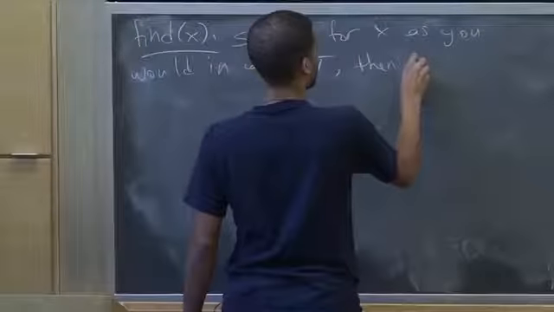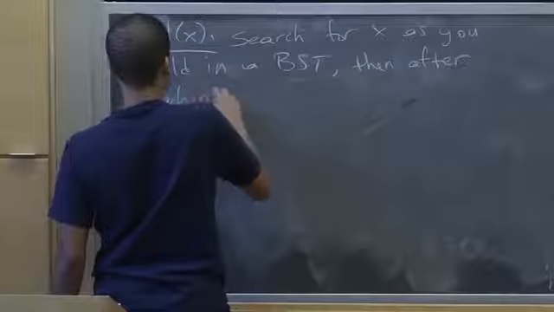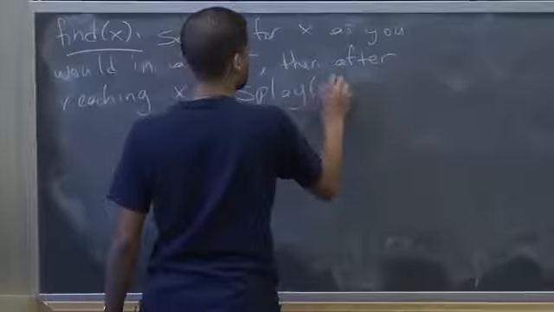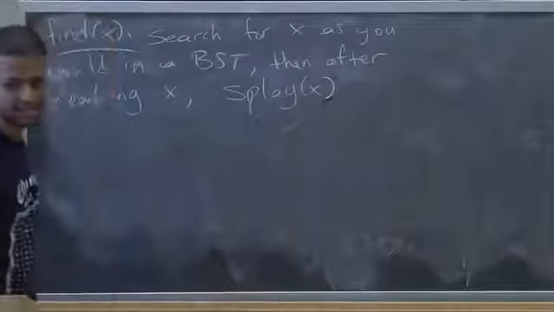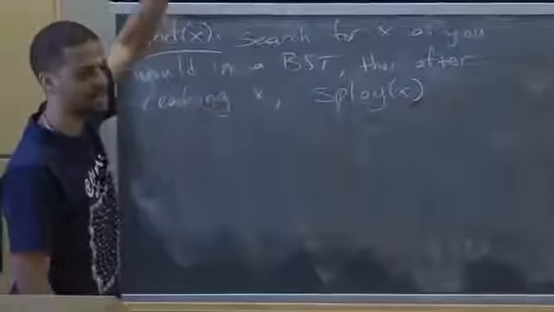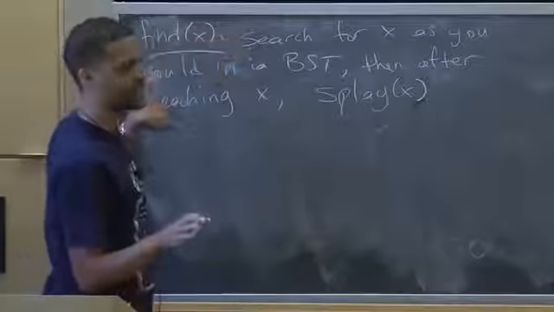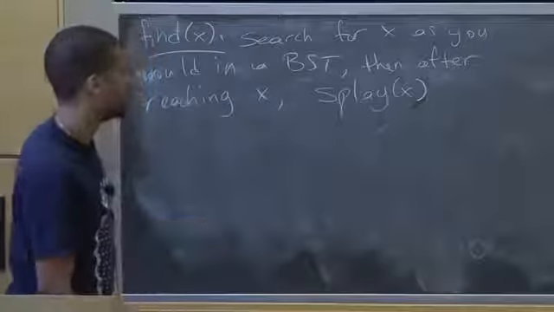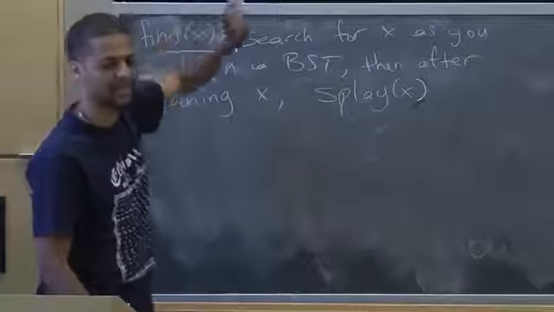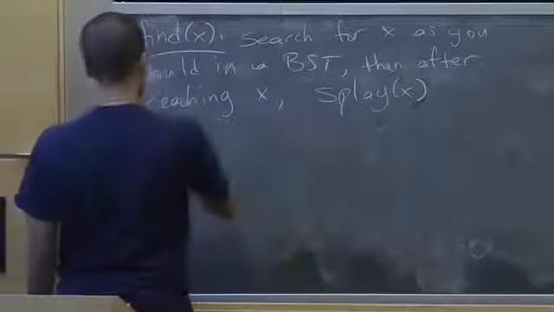Then, after reaching X, splay X. So splay is a subroutine that I will describe soon. It's going to do some number of rotations to bring X to the root of the tree. So whenever you search for X, after all the rebalancing is done, X is the new root. It's not just going to be rotate X over and over again until it's the root. It's going to be something just slightly more involved than that, but not much more. And insert X.